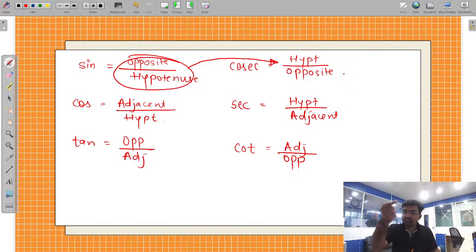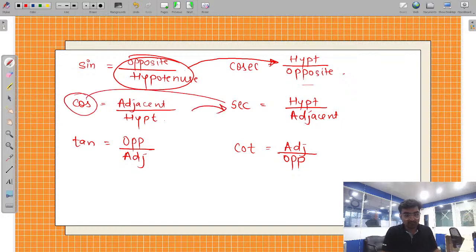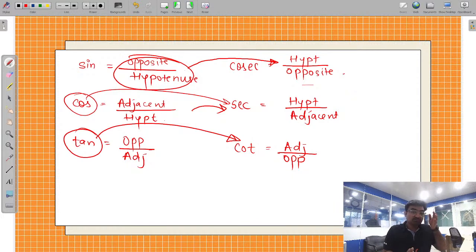If sine is opposite upon hypotenuse, cosec becomes hypotenuse upon opposite. Cos is adjacent upon hypotenuse, then sec becomes hypotenuse upon adjacent. These are reciprocals of each other. Tan is the reciprocal of cot, or cot is the reciprocal of tan. The first three ratios and last three ratios are reciprocals of each other.